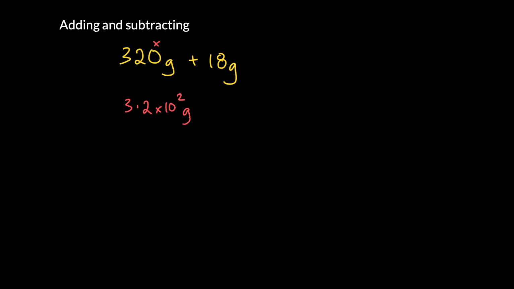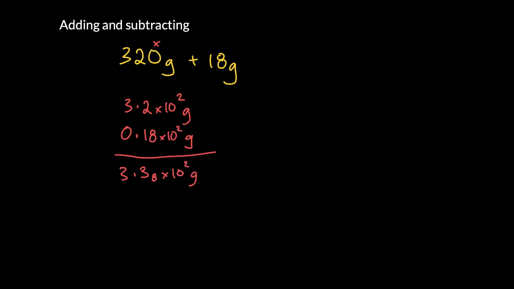18 grams we could write as 1.8 times 10 to the 1, but in order to add them together, we have to have the power of 10 be exactly the same. So we could write it as 0.18 times 10 to the 2. Notice we have the correct number of significant figures. We bring these together and we get 3.38 times 10 to the 2 grams.